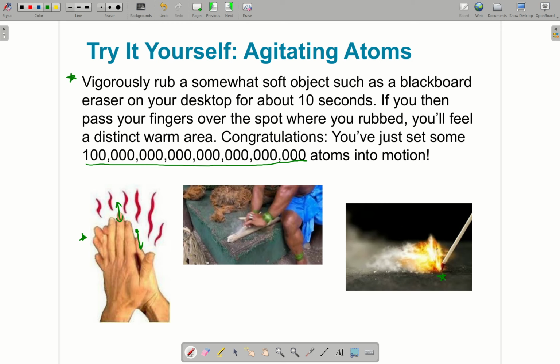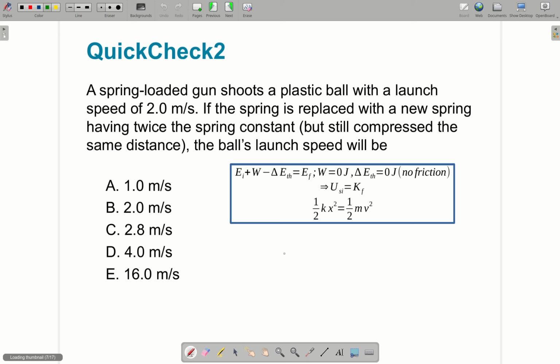We put atoms into motion, they become hotter and hotter, and at some point they ignite the match. We can also make fire from rubbing two sticks to each other. All the same ideas: converting energy from one form to another.